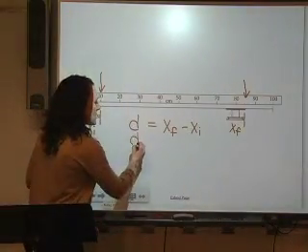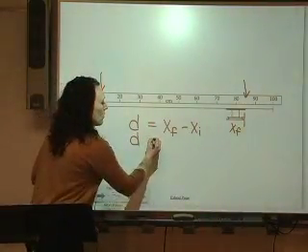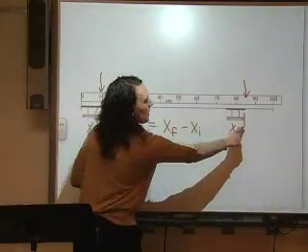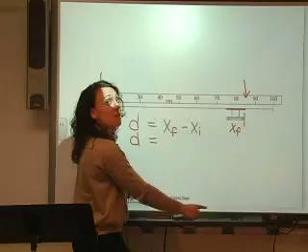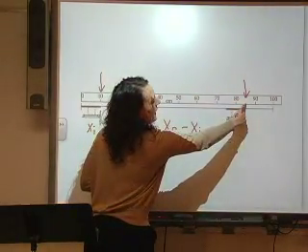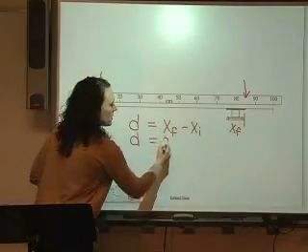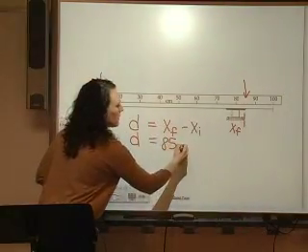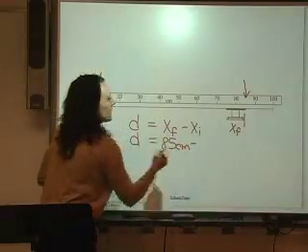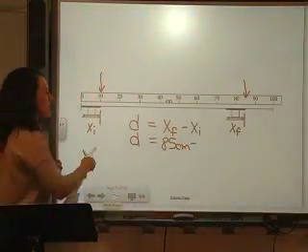We're looking for the distance. The value for our final position, if you look at our number line, and if we use the front of the air trolley as our reference point, is 85 centimeters. We're going to subtract from that our initial position.